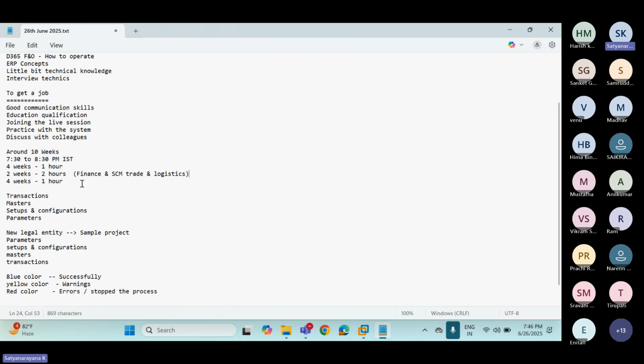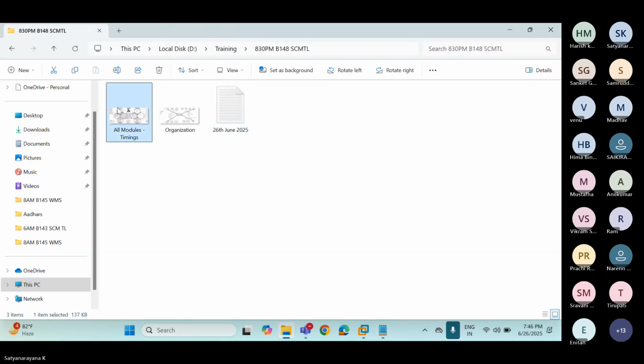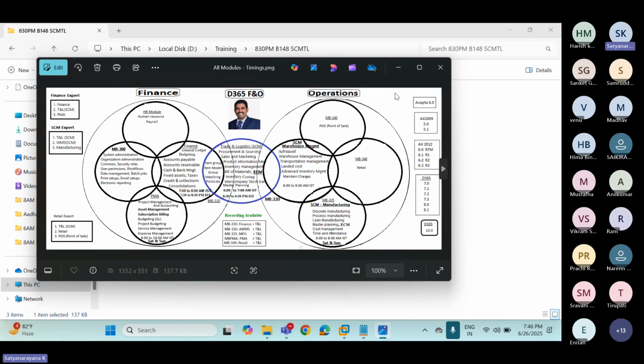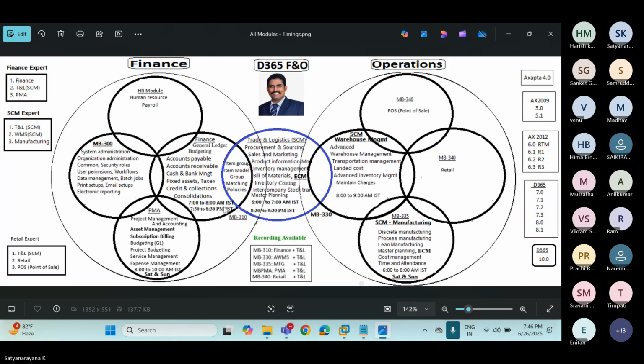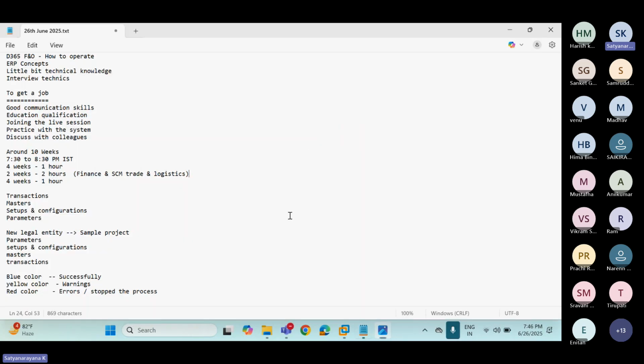So 7:30 to 8:30 finance, and 8:30 to 9:30 it is SCM, supply chain management, trade and logistics. So I will combine these two batches after 4 weeks.